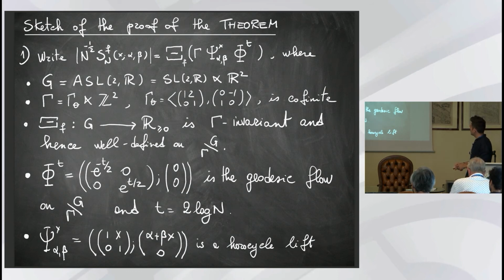This suitably normalized sum will be written as the evaluation of some function, capital C, which depends on f only, along something that looks like psi x, phi t.